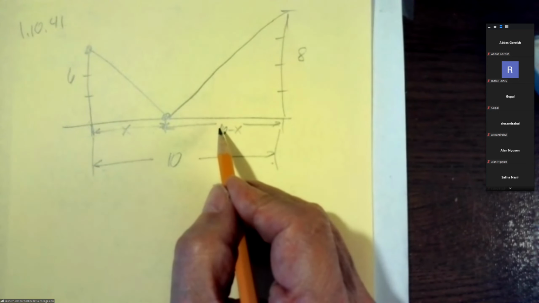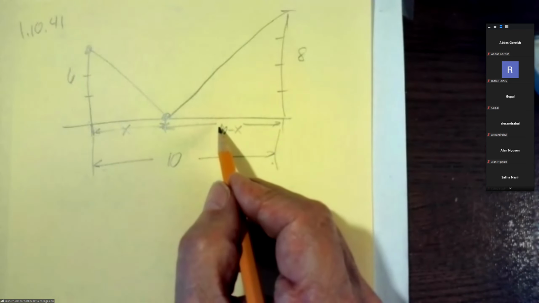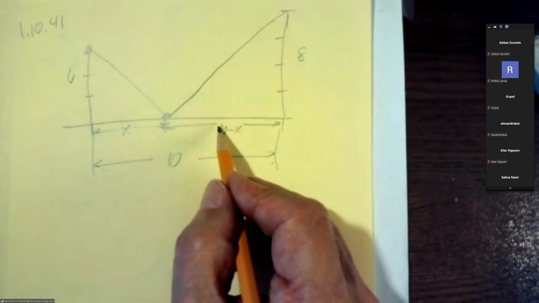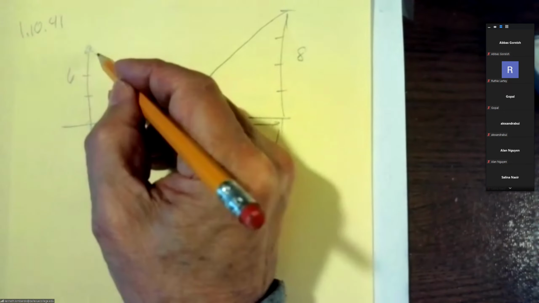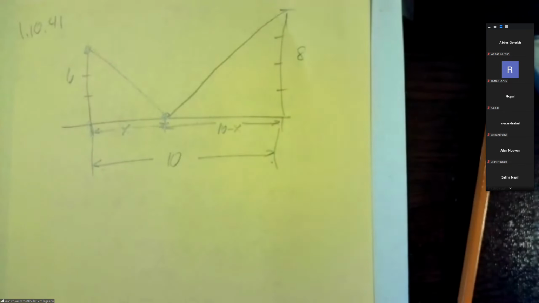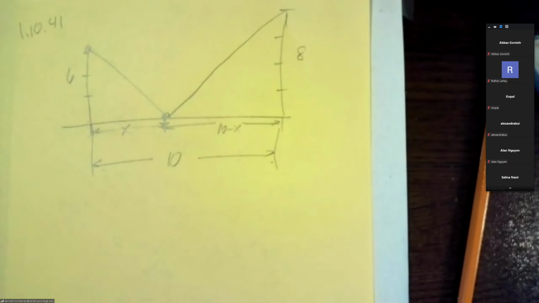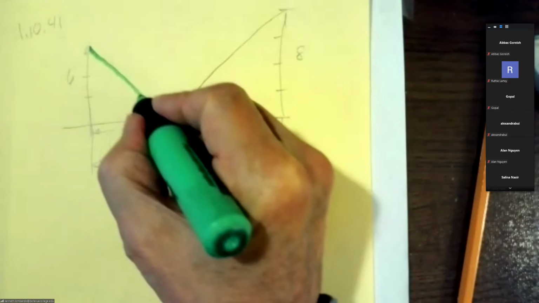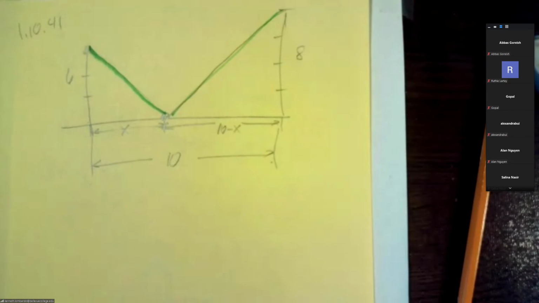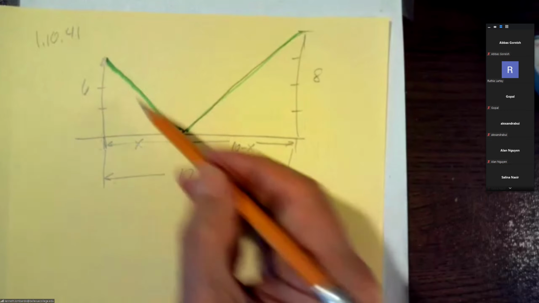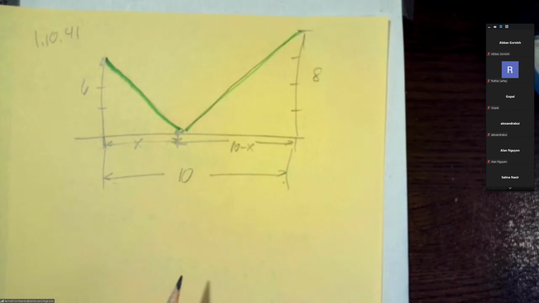And the function, then, let's see, express the amount of cable. Maybe I should color it here. So the amount of cable is going to be this plus this. Is that the amount of cable? Here and here? Does that look right?